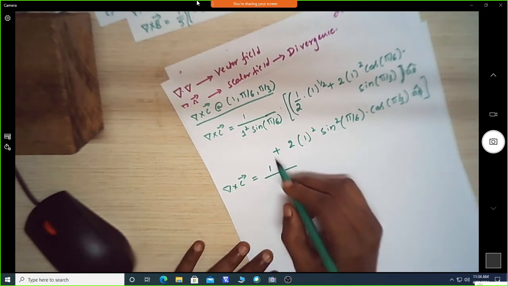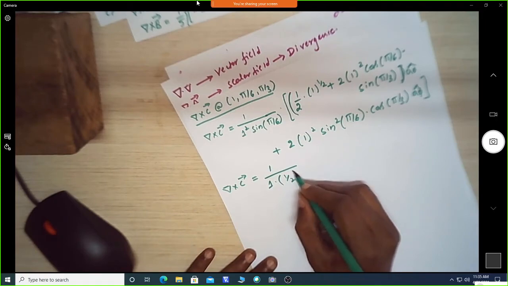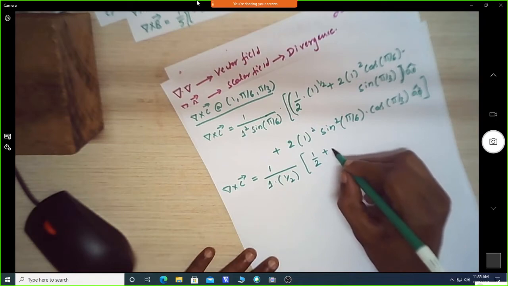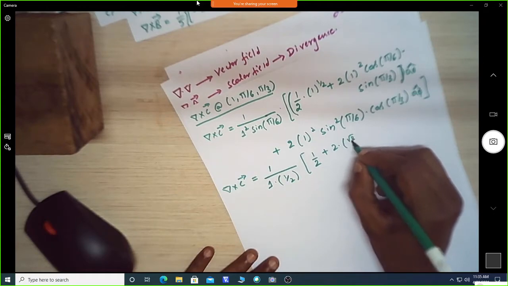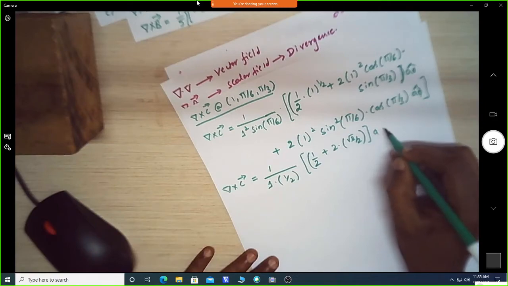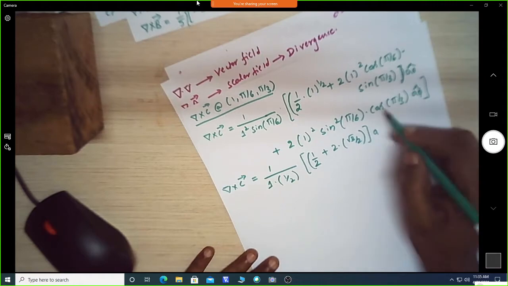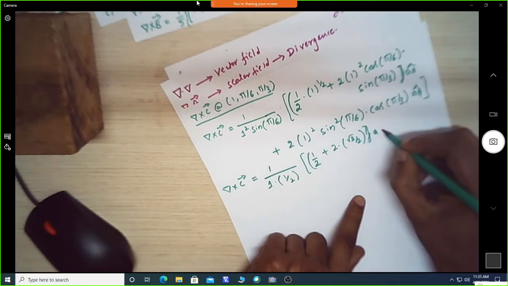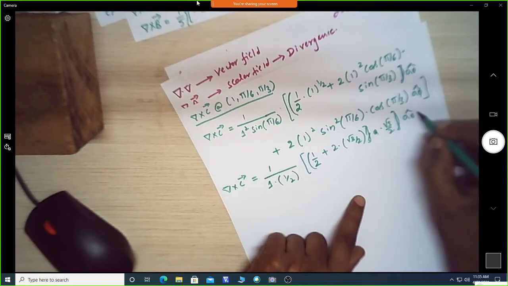You can put the values of 1 and sin pi by 6, that is half, into half plus 2 into cos pi by 6, that is root 3 by 2, and one more term, cos pi by 3, that is root 3 by 2, this into the theta direction.